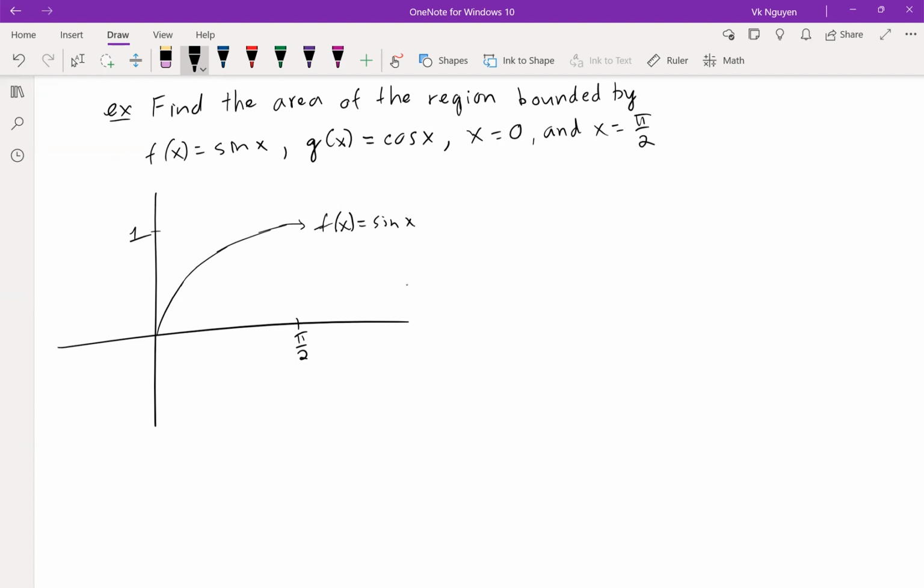The cosine x is gonna be this. Cosine of pi/2 is 0. g(x) equals cosine x. x equals 0 is the y-axis. And x equals pi/2 is this line right here.